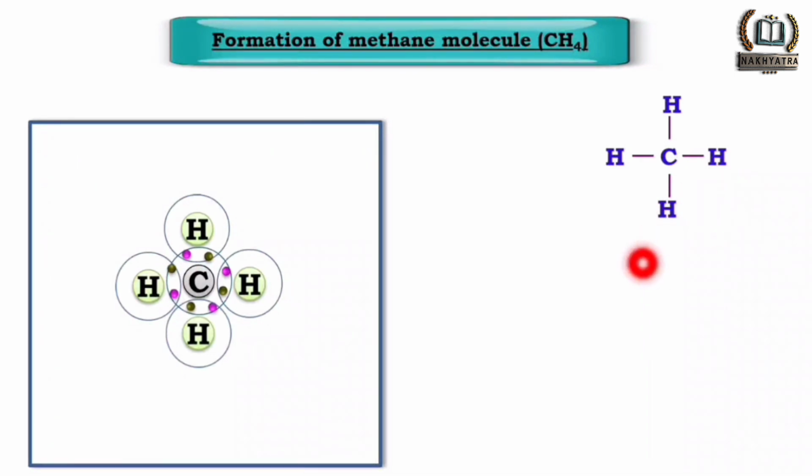Is that clear? Where 2 electrons are shared with each other. See here, 2 electrons are shared between this hydrogen and this carbon. Similarly, these 3 hydrogens are also the same, where 2 electrons are shared with this carbon atom. Alright, so this is the formation of methane molecule.